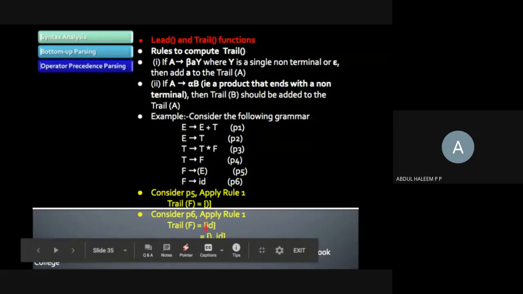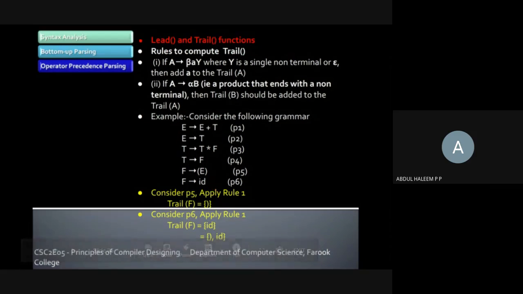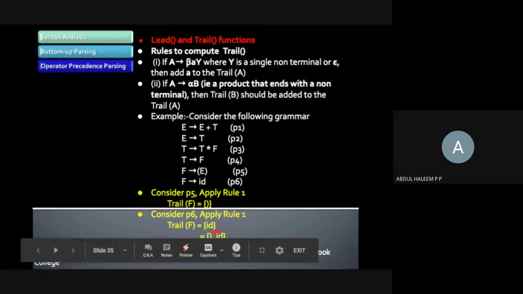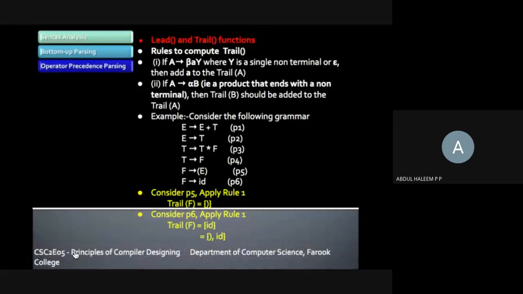Let us take a union of these two. We'll get closing bracket and ID as the elements of trail of F. So I hope that finding of trail for F is clear now, and you have noted it down. Shall we go to the next slide?